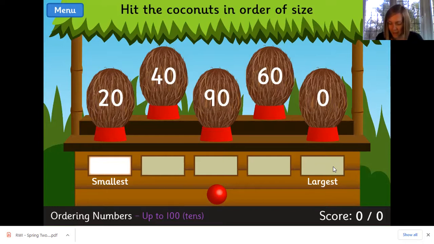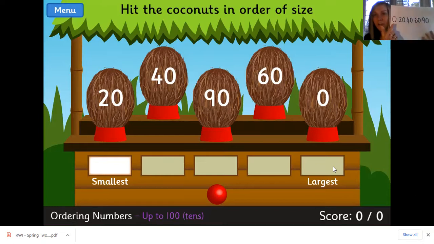I don't want any numbers the wrong way. Okay, I think I've done it. Have a go at writing your numbers in the smallest to the largest order. And have a go at showing me your whiteboards in 5, 4, 3, 2, 1.